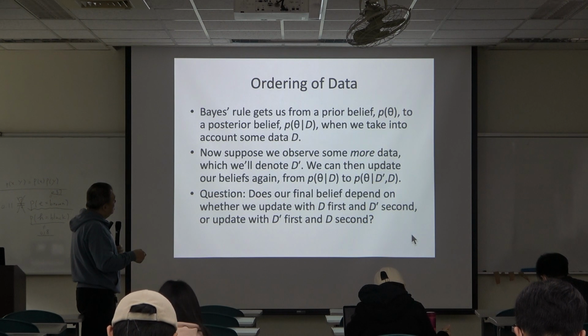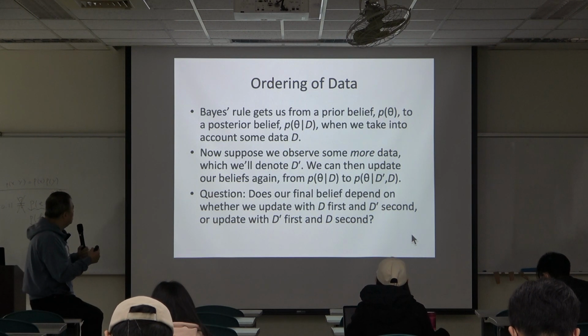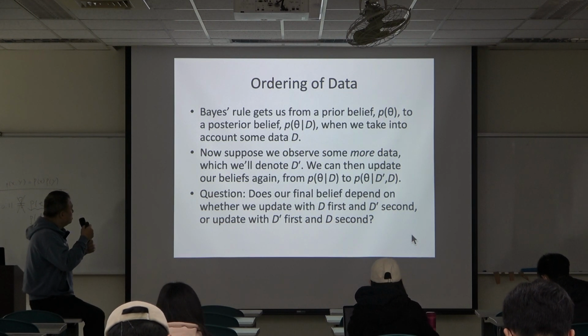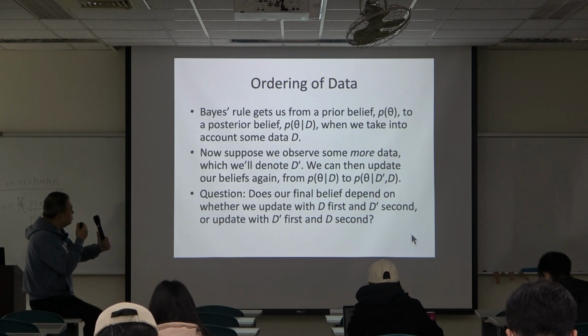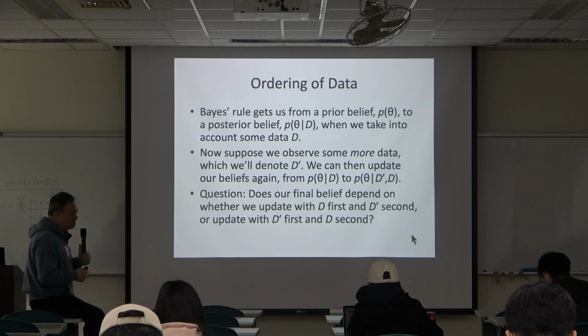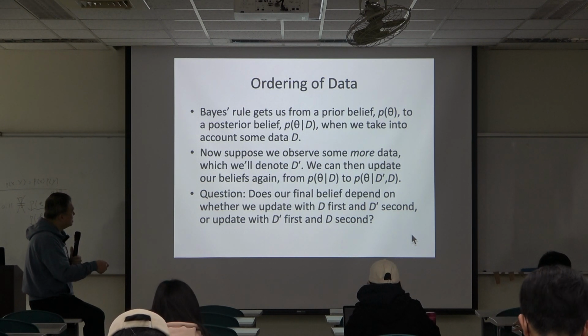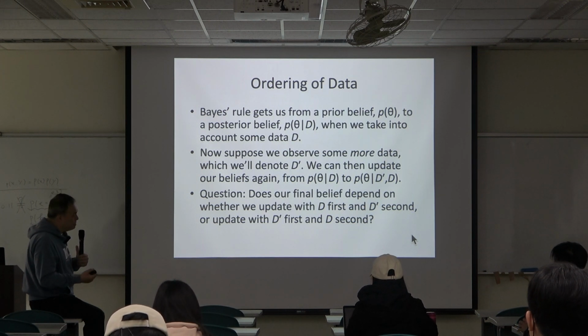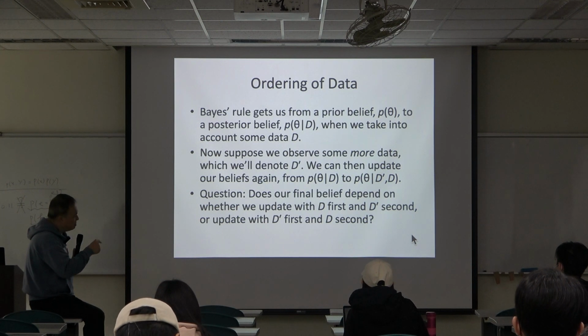And also, when you collect the data, sometimes the data comes in batches, right? Do you consider whether the ordering of the data has an impact on the result? The Bayes rule gets us from a prior belief, p of theta, to a posterior belief, p of theta on condition of d. Suppose we observe some more data, which we denote as d prime.